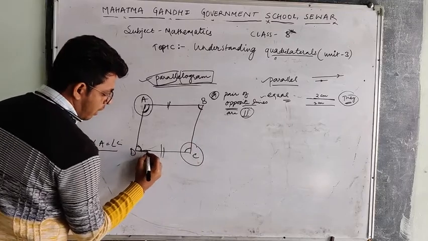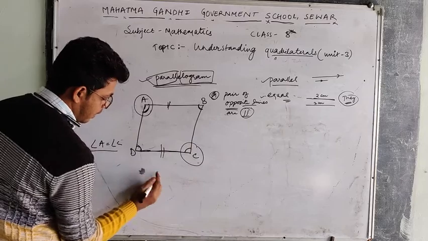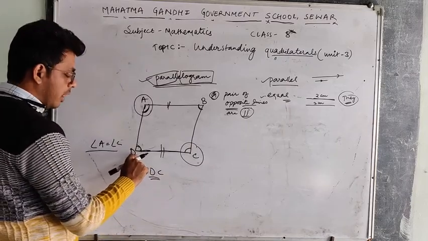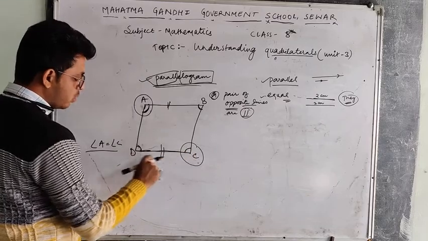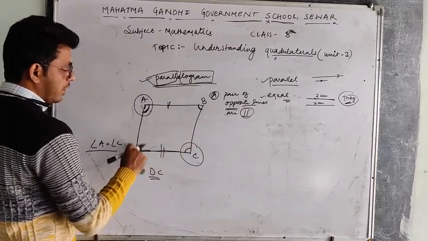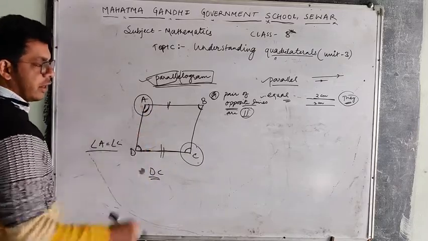If I talk about sides adjacent to side DC, what are these? CB and DA. These are the adjacent sides.